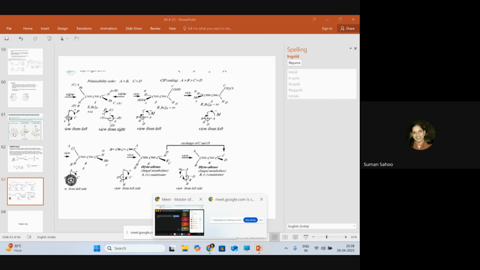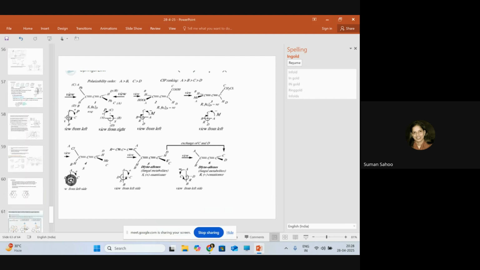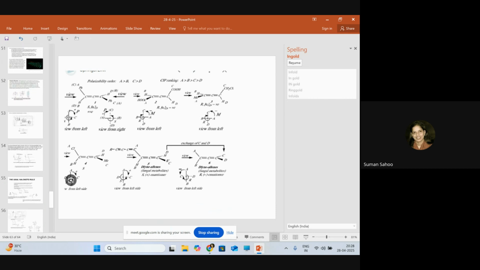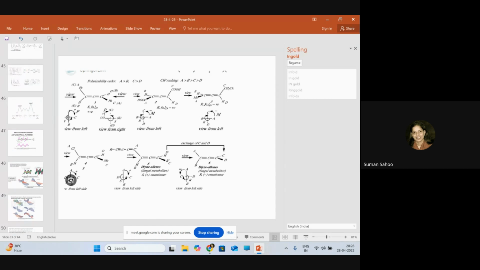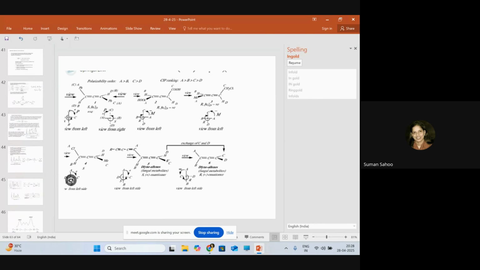We also discussed the specificity of how asymmetry can be induced in a molecule by reaction, and how we can find out the configuration by chemical means or by quasi-racemate means. If anyone is having any doubt, you can just ask me.